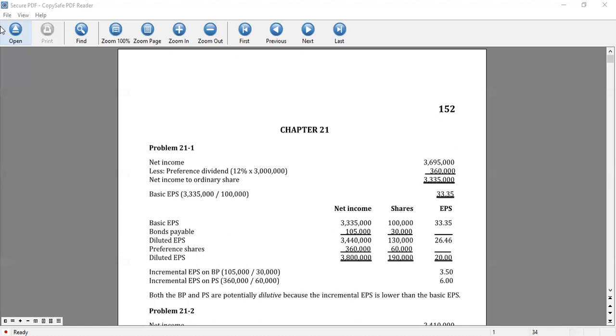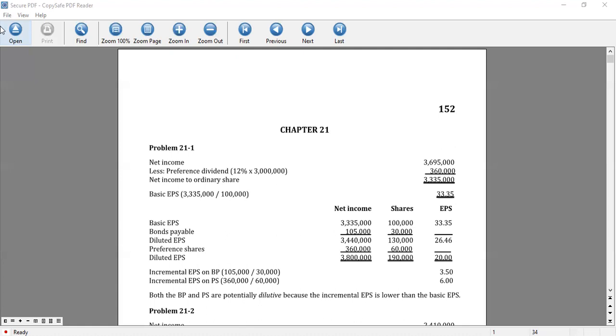So the incremental EPS on bonds payable is 105,000 divided by 30,000. That gives 3.50. So 3.50 for the incremental EPS on bonds payable. For the preferred stock, we have to divide 360,000 by 60,000, leading to 6 pesos.